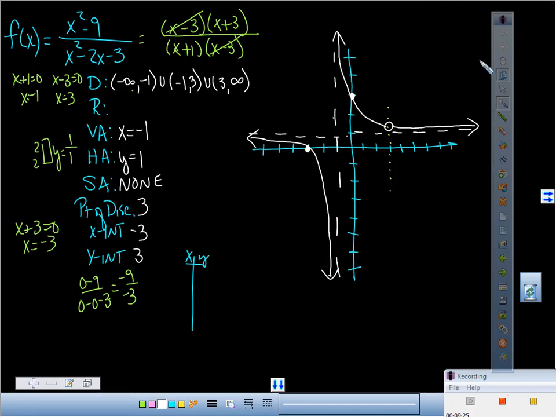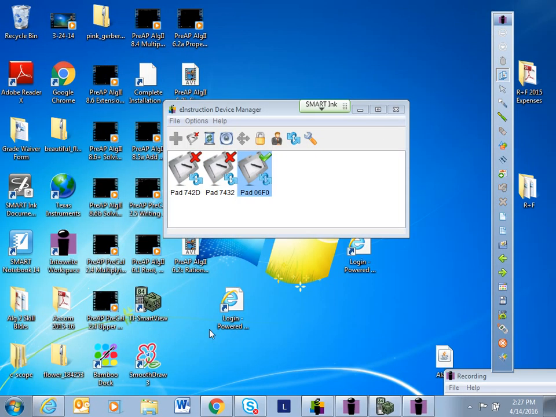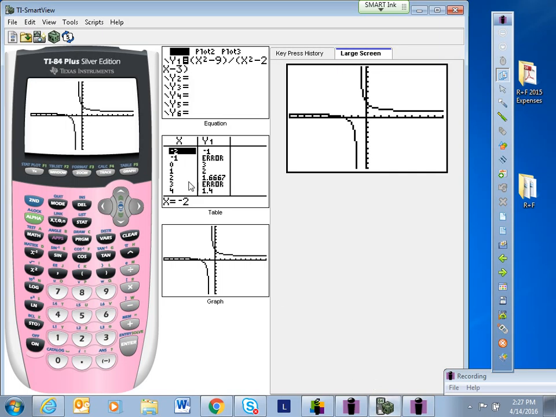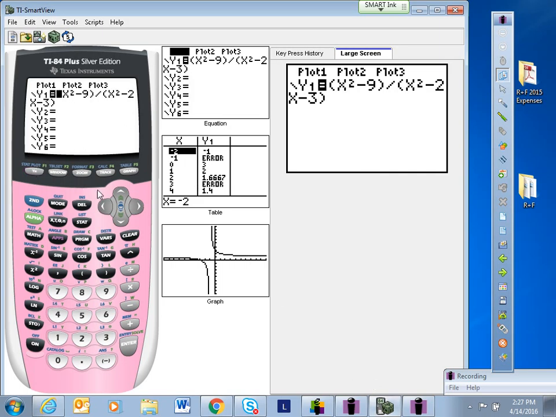Okay, so I'm going to show you what this looks like on a calculator. Now, here's what I want to show you. A lot of times the mistake kids will make is that they'll forget that point. Okay, so I'm going to graph it.